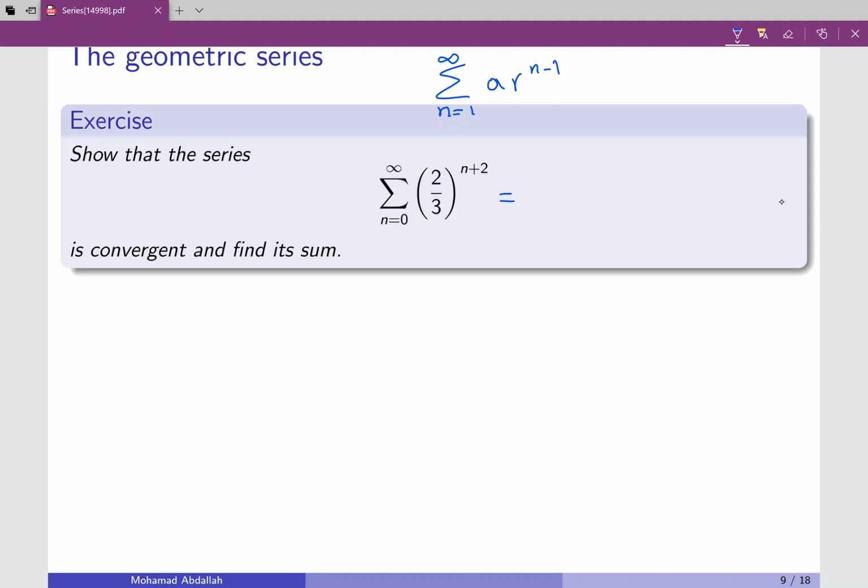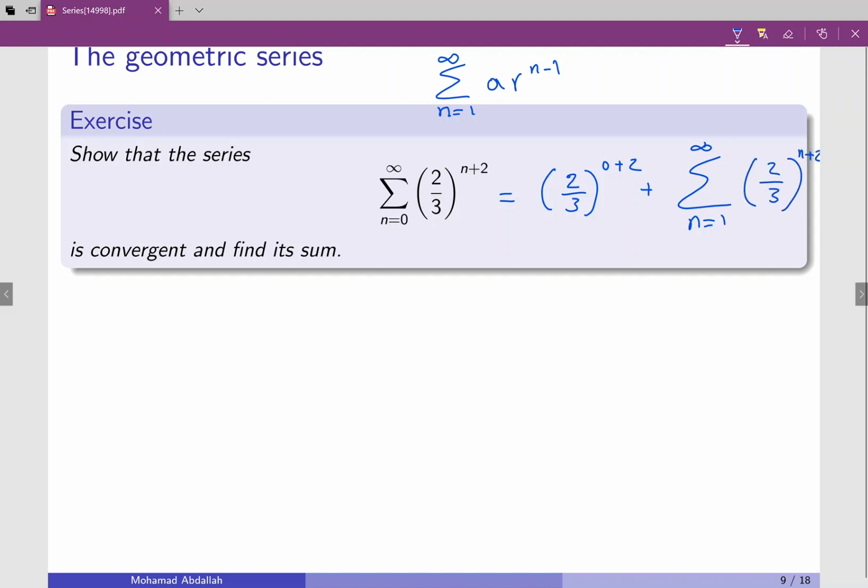So I can do the following. I can consider the case when n is equal to 0, and then I can start my sum from n equal 1 to infinity of 2 over 3 to the power n plus 2. Now, this is going to be 2 over 3 to the power of 2, plus the summation from n equal 1 to infinity.